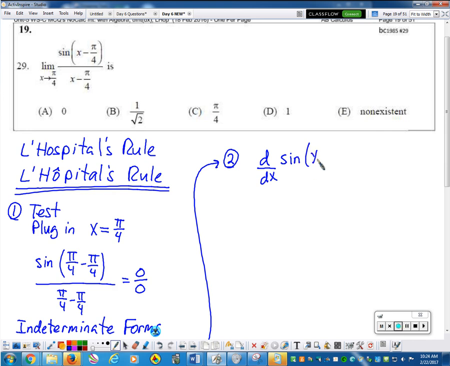We're not using the quotient rule, we're just taking the derivative of the numerator. So write that down, please. You're just taking the derivative of the numerator. So we plug in pi over 4 because that's the limiting value. Right, so you always plug in the limiting value. That's the test. If the test succeeds, you'll get 0 over 0 or infinity over infinity, where plus and minus don't matter.